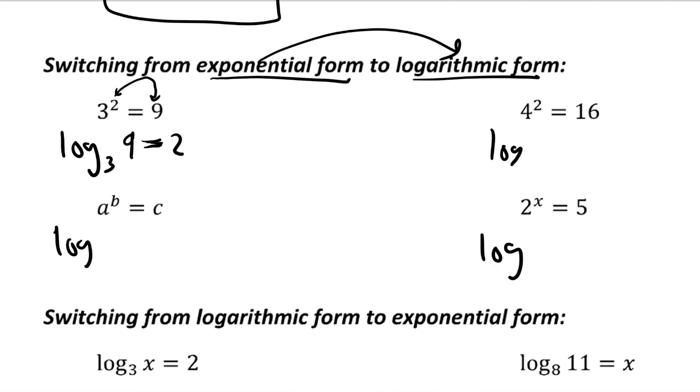So the way I visualize that is the 2 and the 9 are switching places so that I can throw a log sign out front. So B and C could switch places. And then that allows us to put log out front. 2 and 6. 15. Switch X and 5.